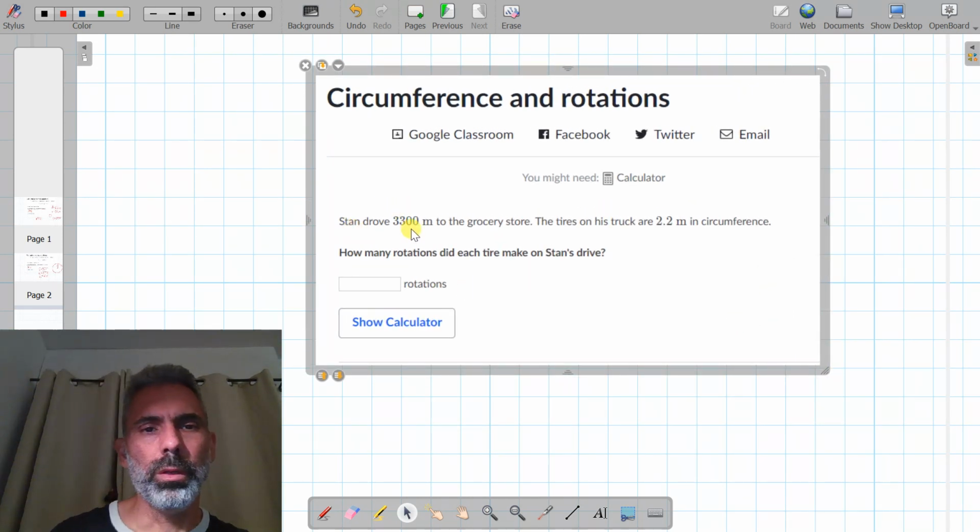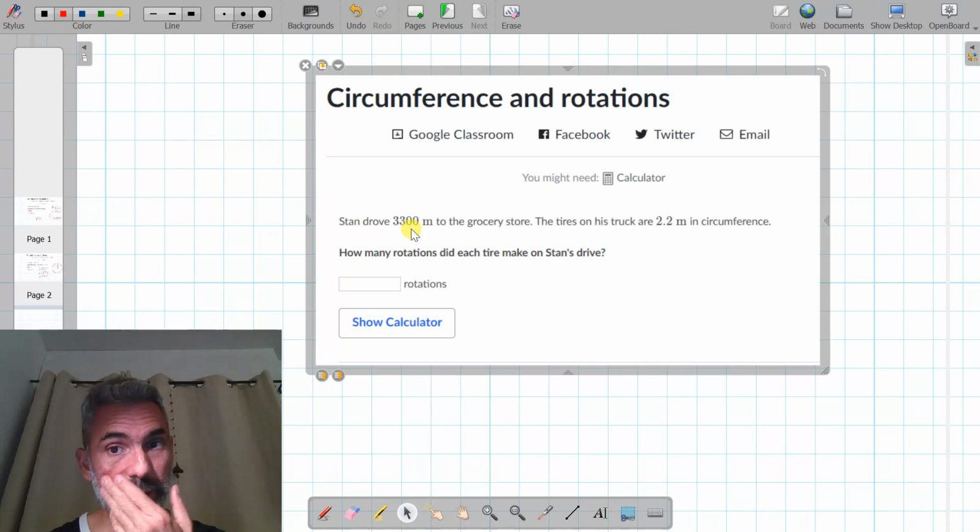Stan drove 3,500 meters to the grocery store. The tires on his truck are 2.2 meters in circumference. How many rotations did each tire make on Stan's drive?